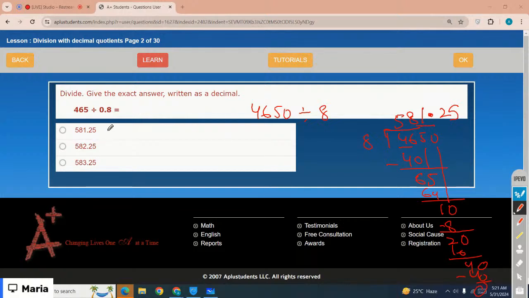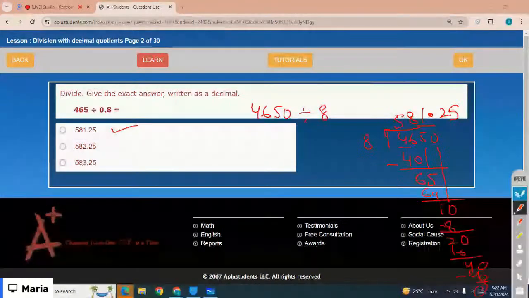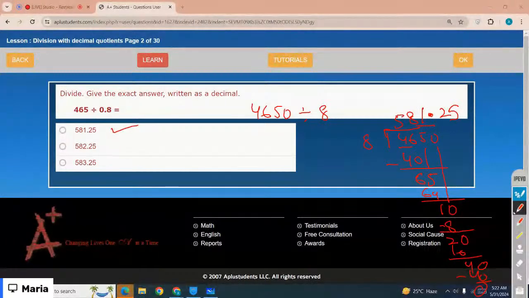The correct option is 581.25. Option number 1 is the correct option.